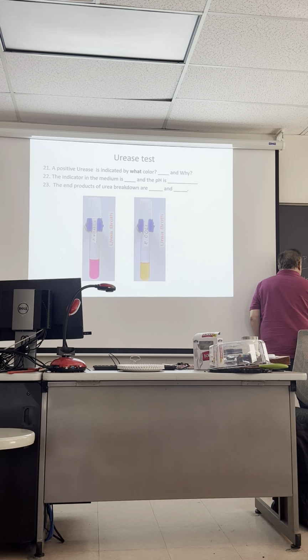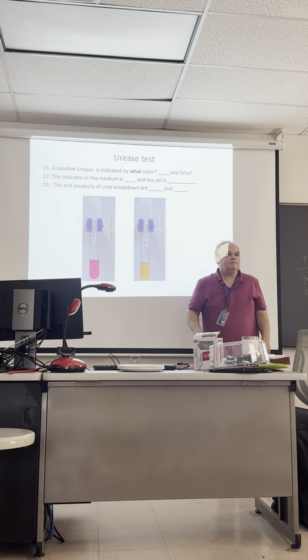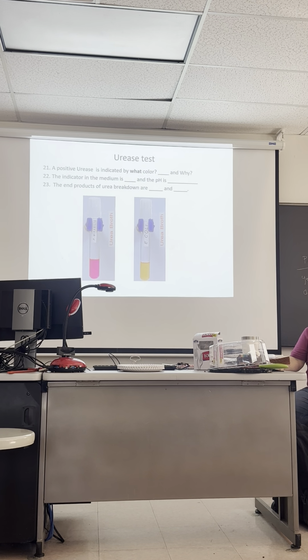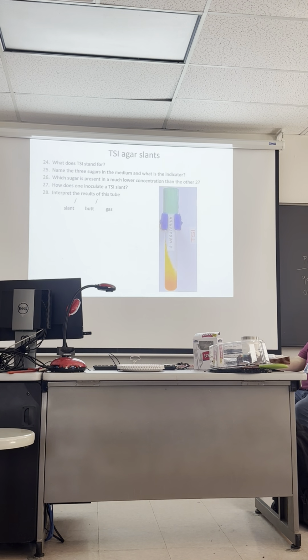When it's fuchsia or hot pink, it's basic. That's the range of the pH indicator. Okay? Questions? We're going to see that in action in just a minute, Kim. Okay. Here we go.